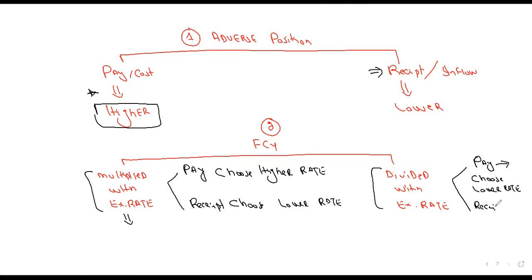If you have to get the receipts and the receipts answer should be lower, then divide by the higher rate. Understand now? If you apply this rule, every foreign currency question will be 100% accurate.